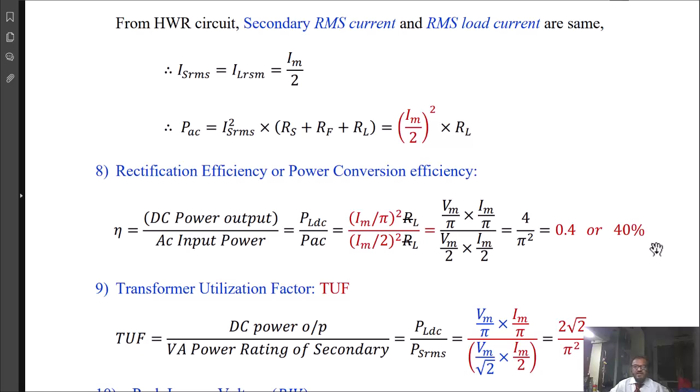It means that this rectifier is providing only 40% of DC power at the output, and the remaining 60% of the supplied power will be lost, and therefore the conversion efficiency of this rectifier is poor. When power handling required is very high, such rectifiers are not suitable.